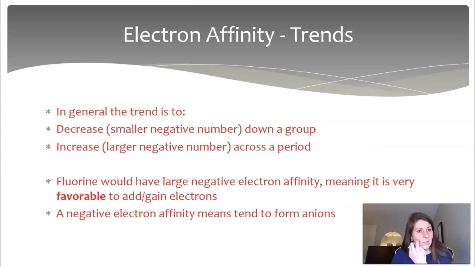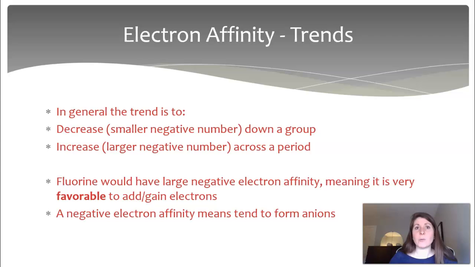When we look at electron affinity, the general trend is that we will decrease down a group, meaning a smaller negative number down a group, and then we will increase or get a larger negative number across a period. There are a lot of exceptions to this, but in general, this is what happens. So fluorine, for example, would have a really high electron affinity, meaning that it has a large negative number because it's really favorable to add or to gain electrons.